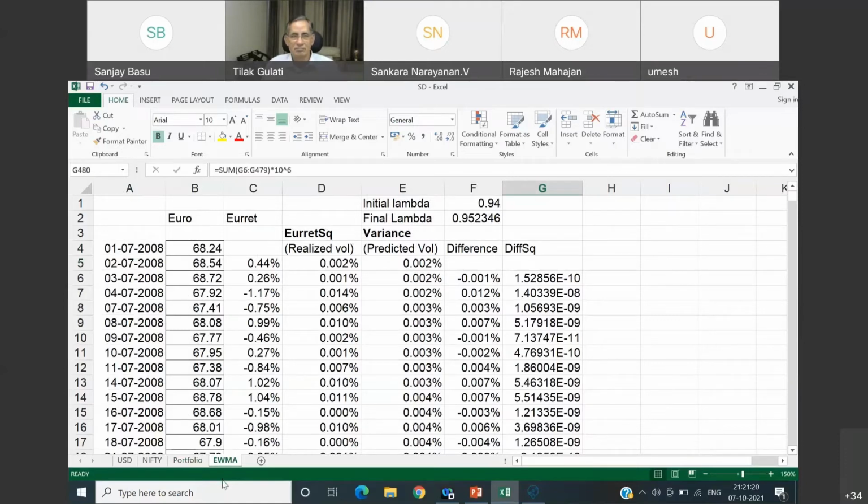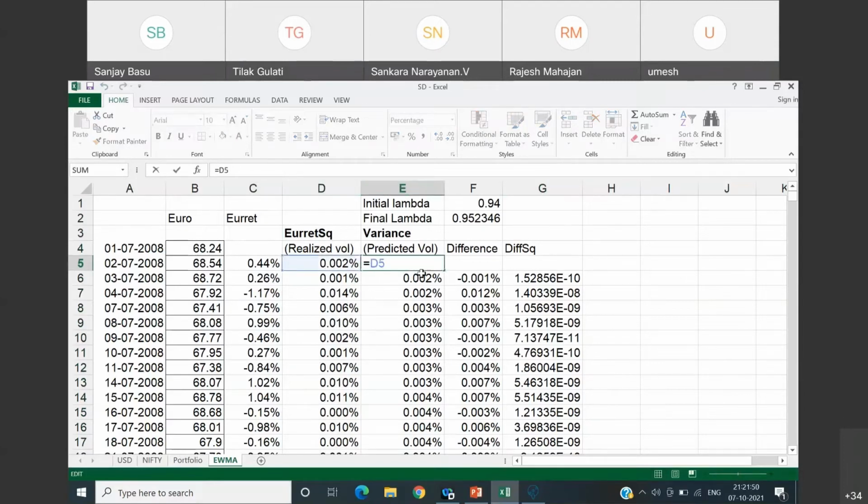Now, how do you calculate exponentially weighted moving average? What we do is, to begin with, we must start with something.